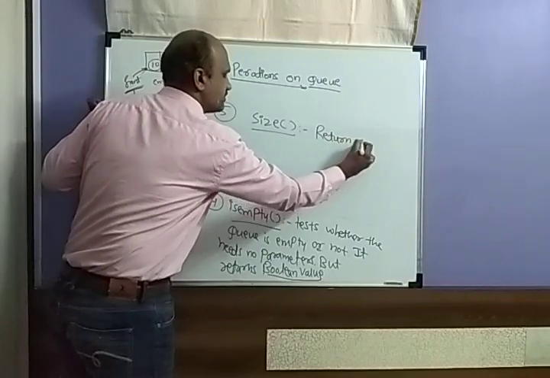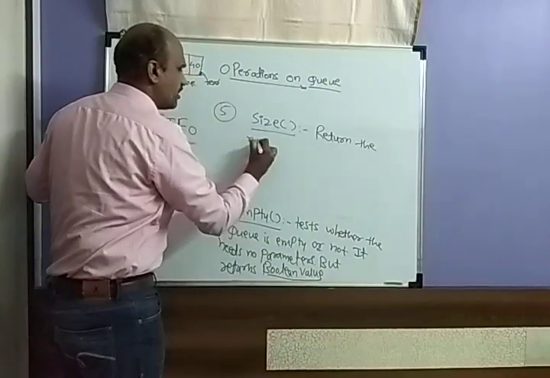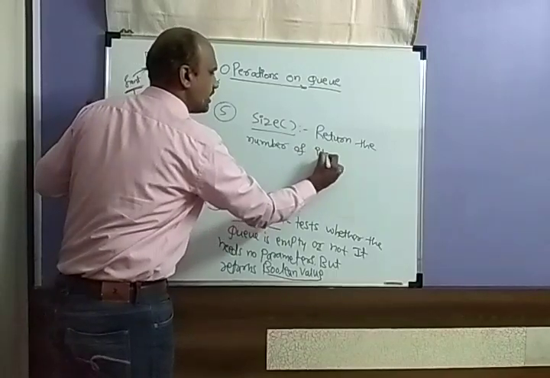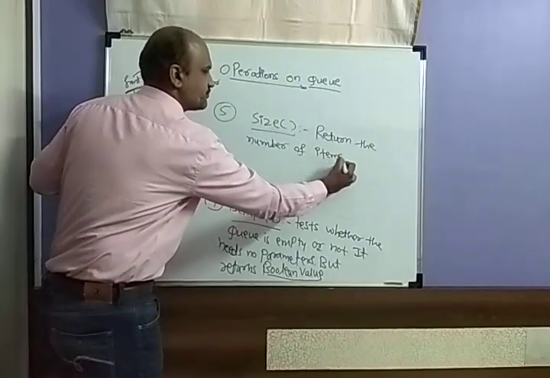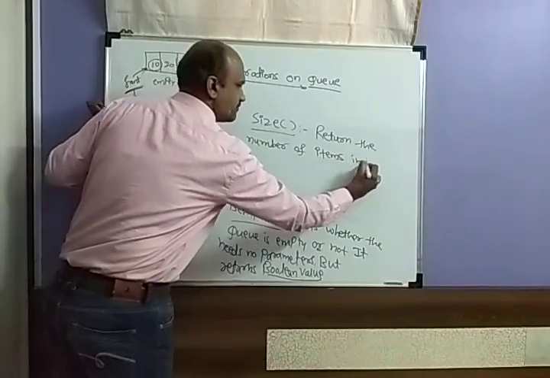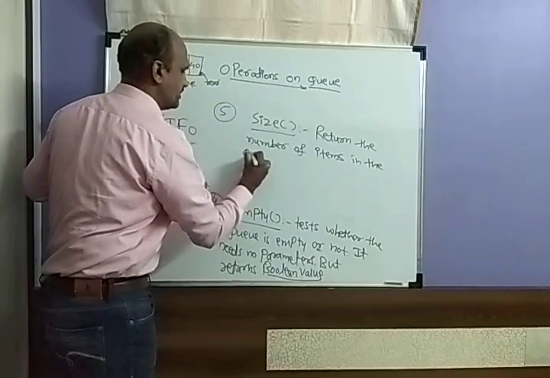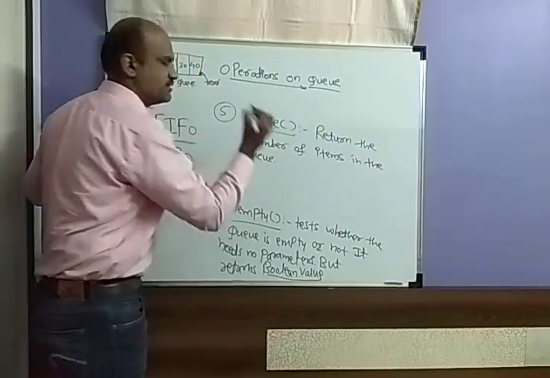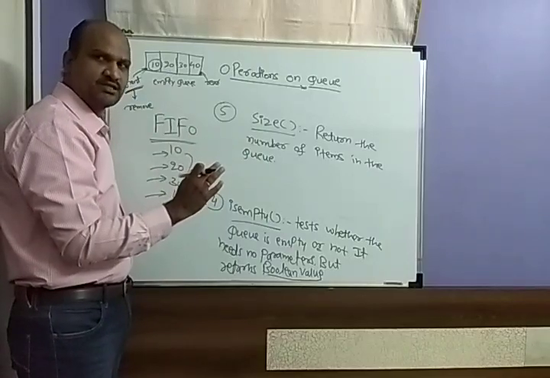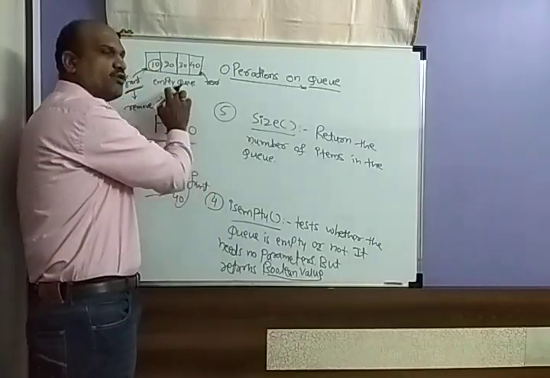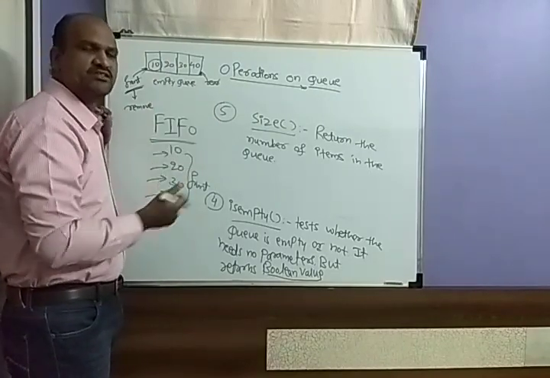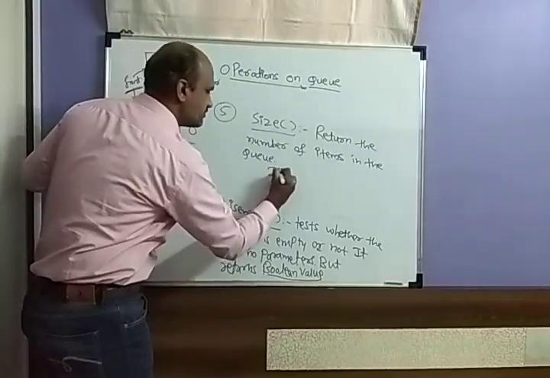Returns the number of items present in the queue. But here it needs no parameters and returns an integer, because how many items are present, it will give the size.